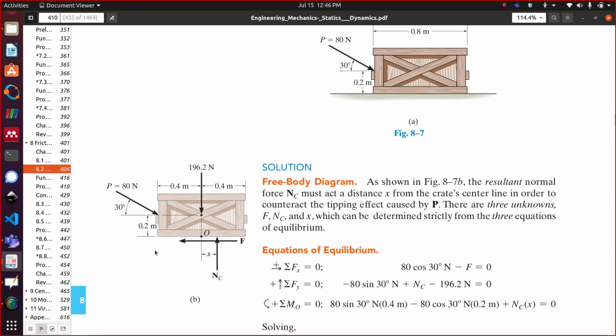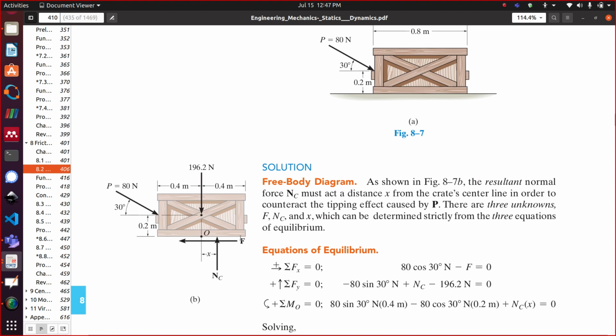If you assume so, in total we have 3 unknowns. Why 3 unknowns? N is an unknown, x is an unknown, F is an unknown.